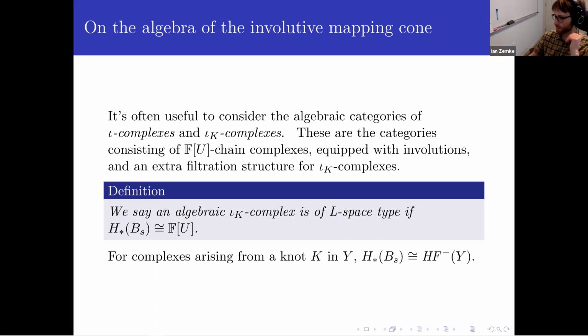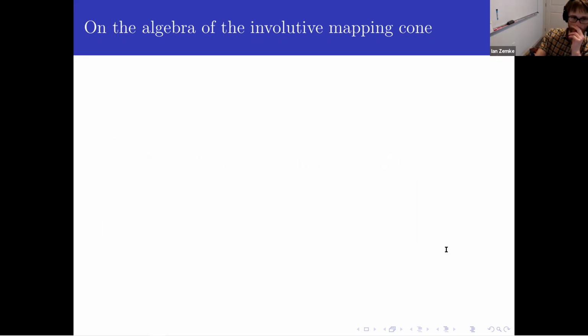So in our algebraic case, you just make the same condition: what algebraically would it be if it came from a knot in an L space?